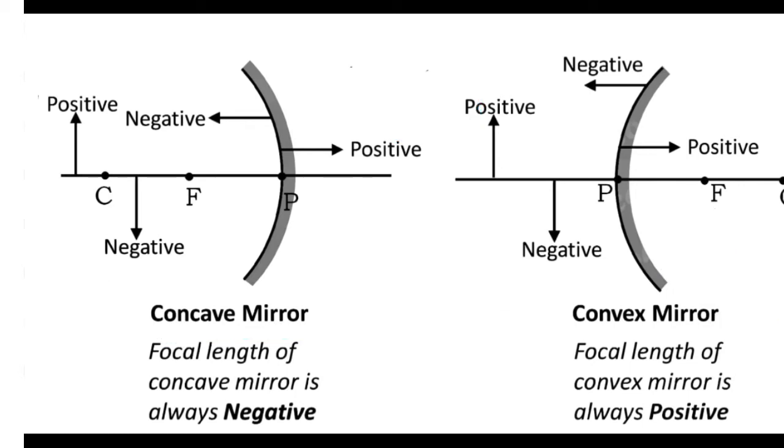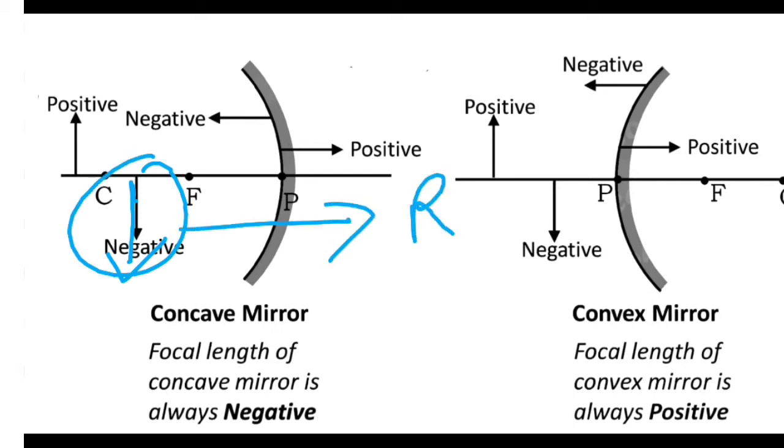If we consider it is a real image, we know that when we put an object in front of the mirror, we get the image in front of the mirror, then it is a real image. So for real image in case of concave mirror, we get this in front of the mirror, that's why it is considered negative.